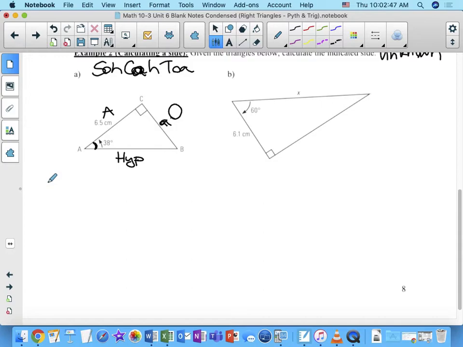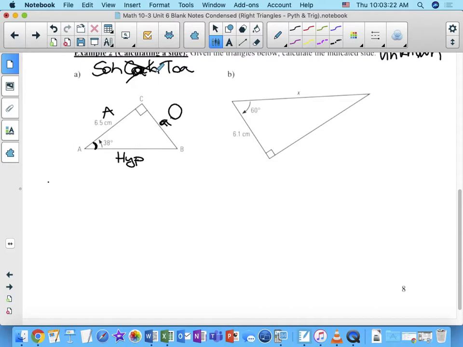Sine, cosine, or tangent? Yeah, sine is opposite over hypotenuse. Cosine is adjacent over hypotenuse. Tangent is opposite over adjacent. So if I want to figure out the opposite side, cosine is going to be useless to me because it doesn't involve the opposite side. So I'm going to cross that out. I can't use cosine.